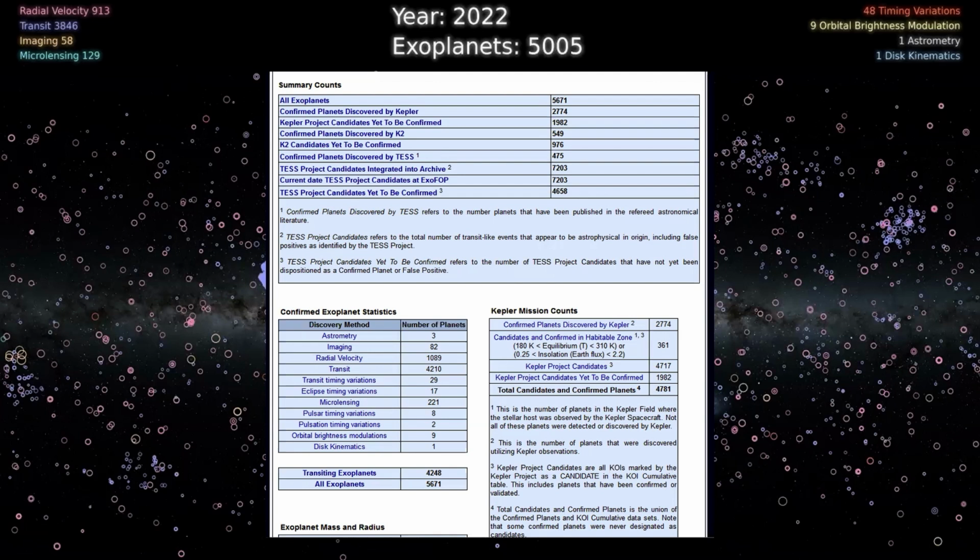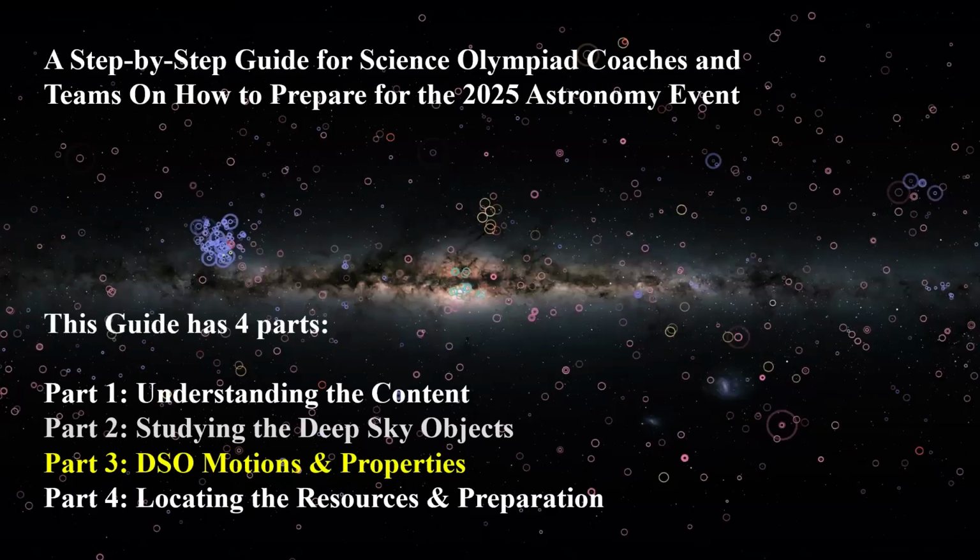So a lot of exoplanets have been, quote, discovered, but there needs to be some kind of confirmation. So we've discovered really a heck of a lot more exoplanets than we have confirmed. So all is well and good in the world of exoplanets.